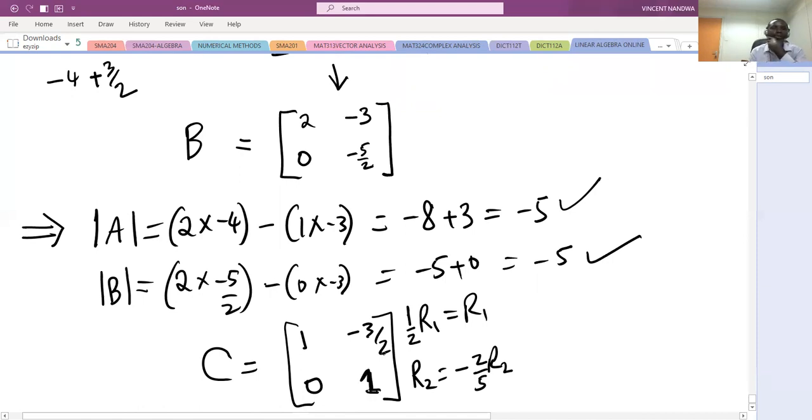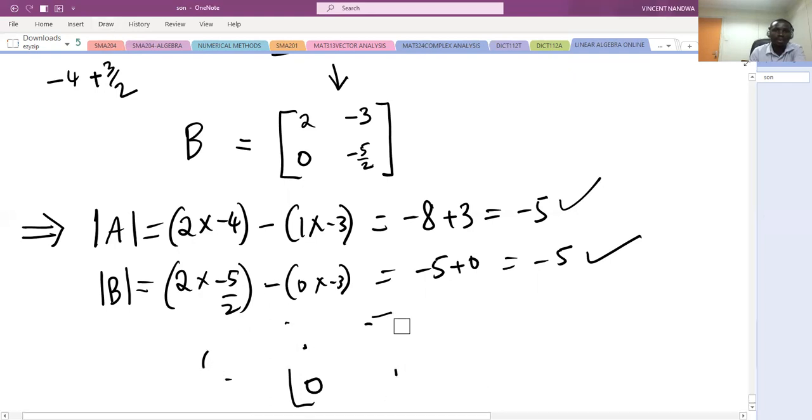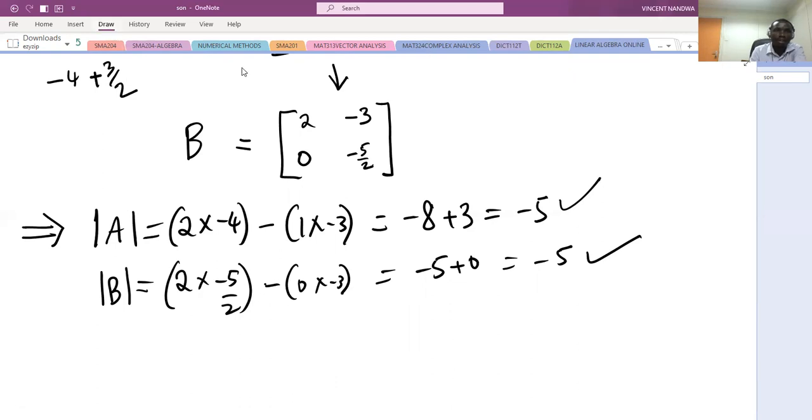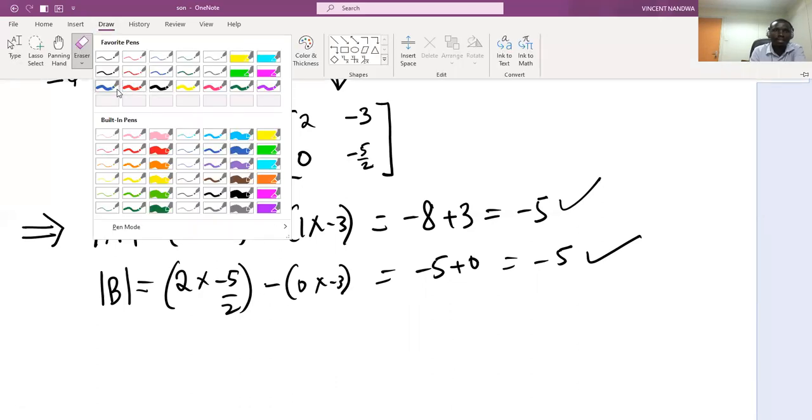But this determinant will be different, because now I was not adding a scalar multiple of one row to another row. So that's why this will be different. But if you do what we have done in the first case, that will give you matrices that have the same determinant. So the key thing is that if you take a scalar multiple of one row and add it to another row, the resulting matrix has the same determinant as the original matrix.